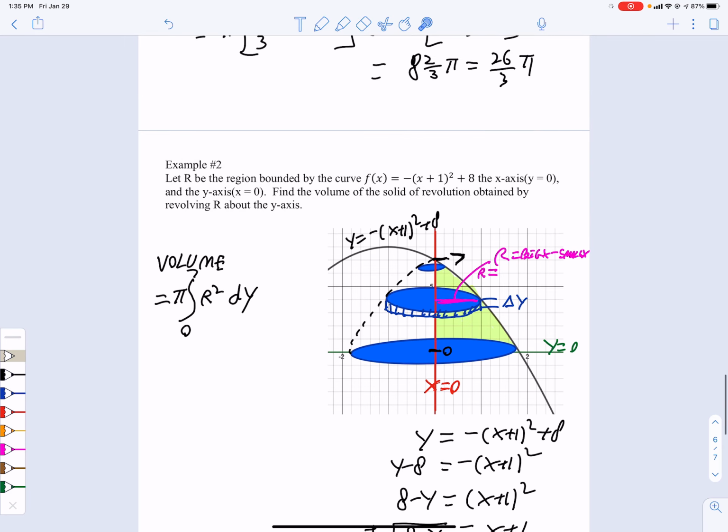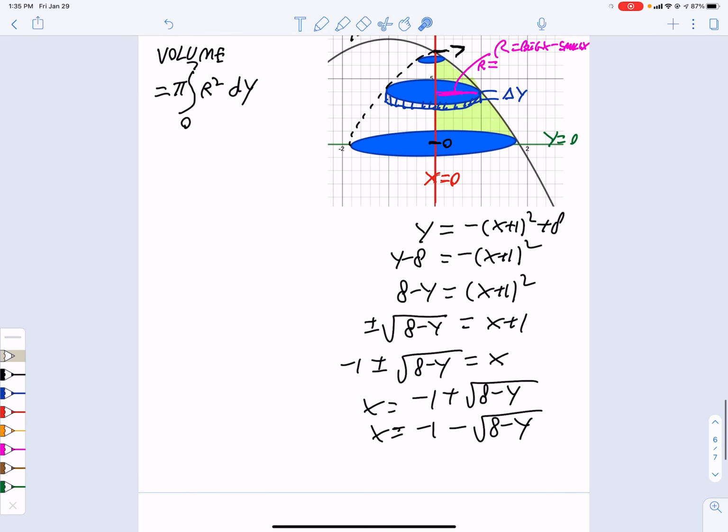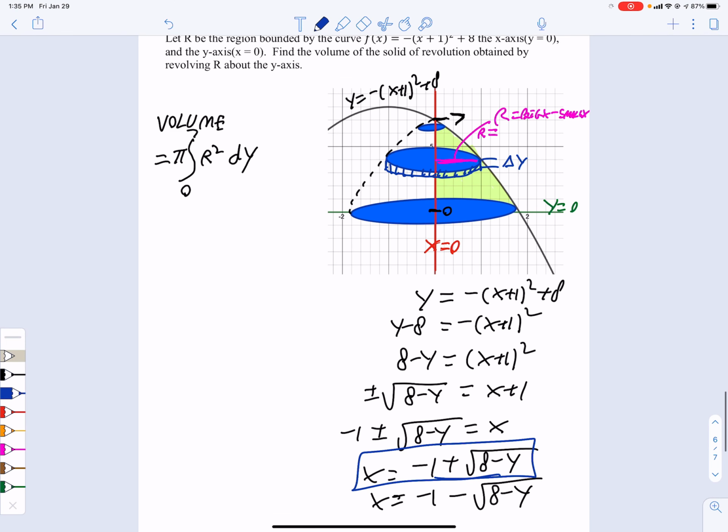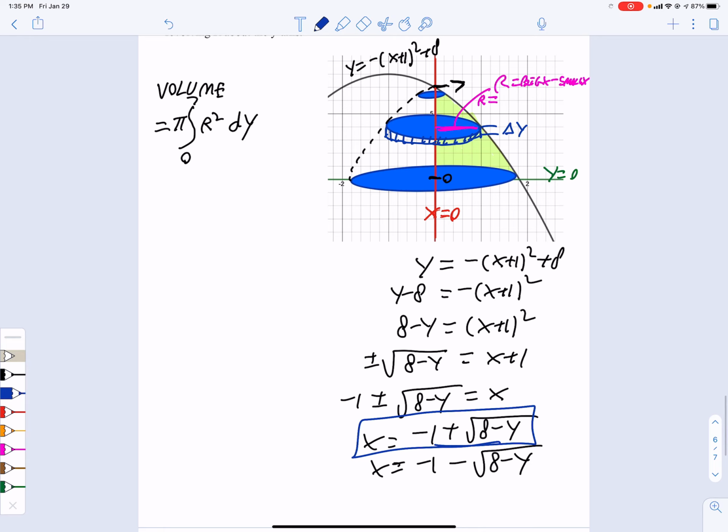So we are going to use this one. That's our big R. Wow, this was a lot crazier than I anticipated. The good thing is, the small x is 0 because x equals 0 on the vertical line here on the y-axis.